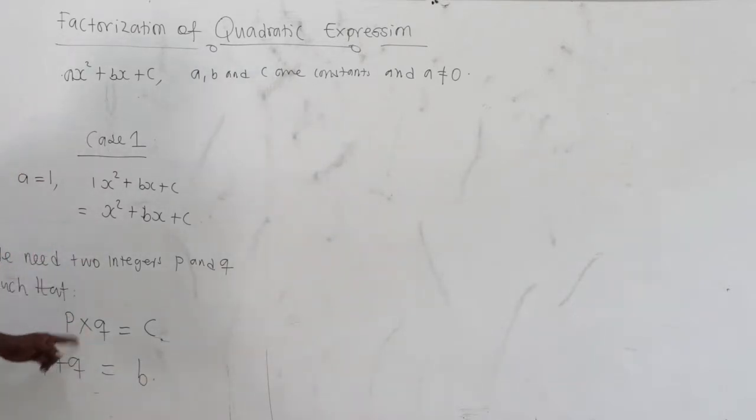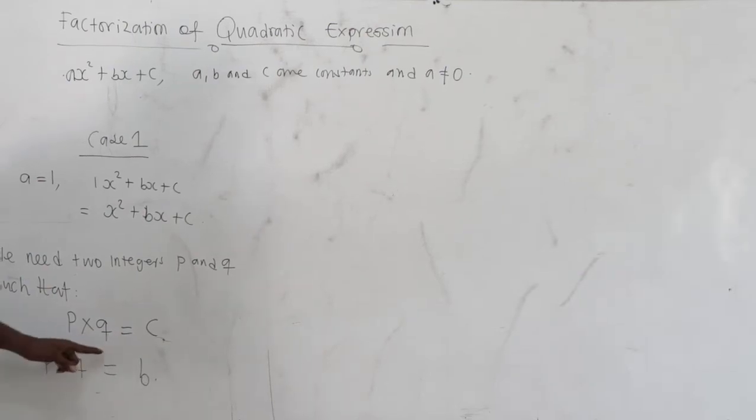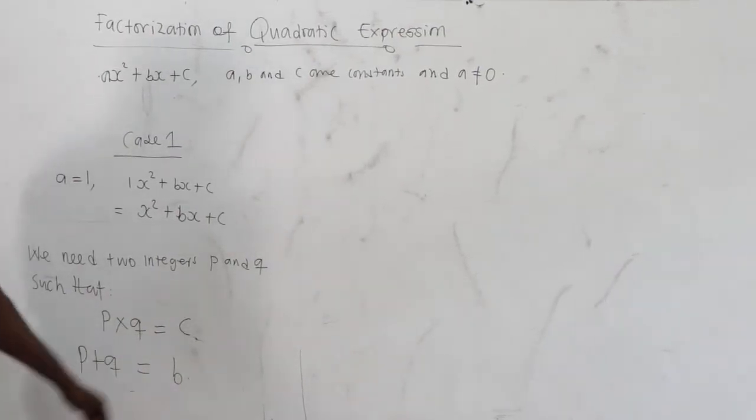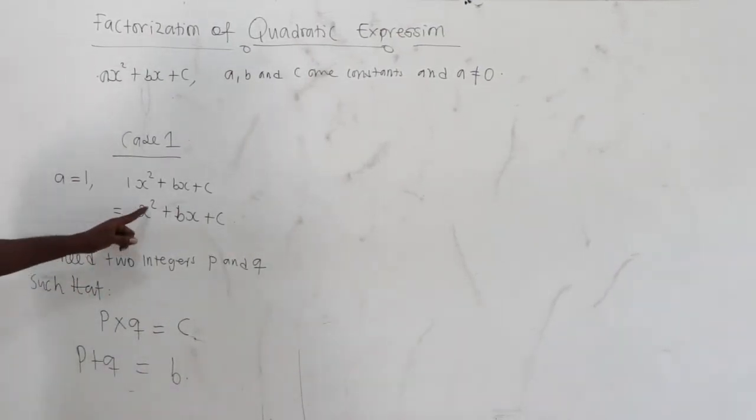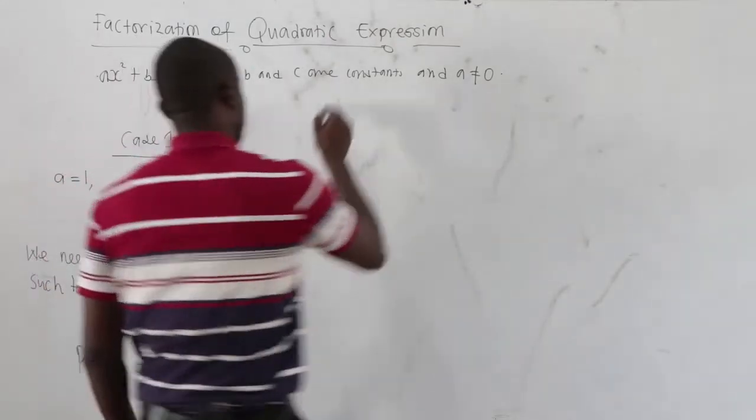When we multiply p and q, we get c. When we add, that's p plus q, we get b. Remember, the coefficient of x squared is 1.